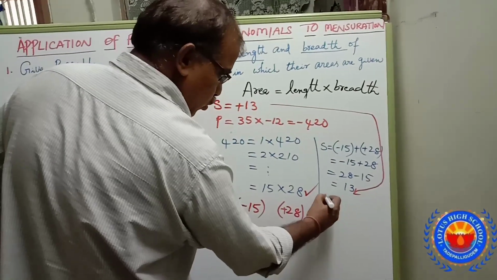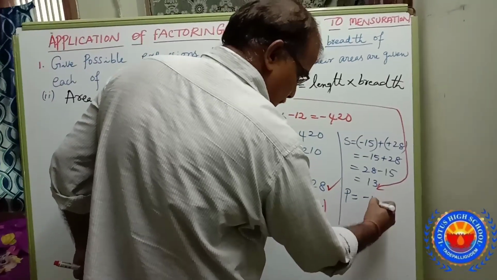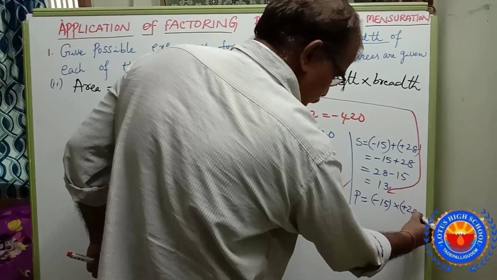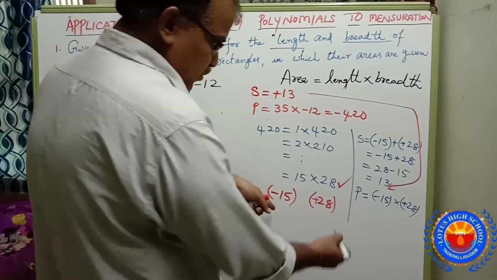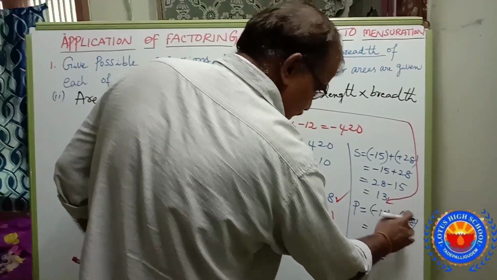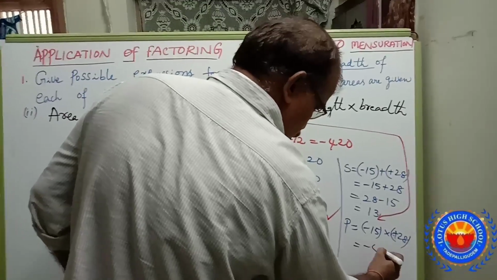Product is equal to, my numbers are minus 15 and plus 28. Minus 15 into plus 28. If you multiply these two, we should get minus into plus, that's why minus 420.